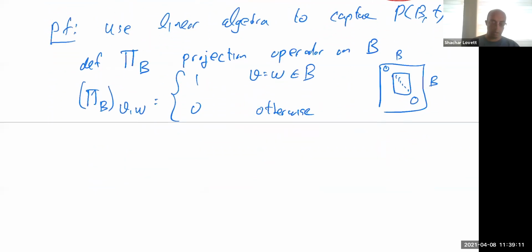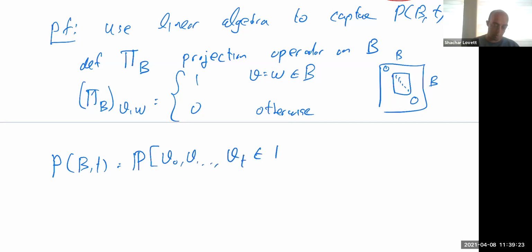So now let's see, what is this PBT? Let's write this PBT. We said it's the probability that V0, V1, up to Vt all belong to the set B. And I'm going to claim that this equals the following quantity, then I'll explain why.